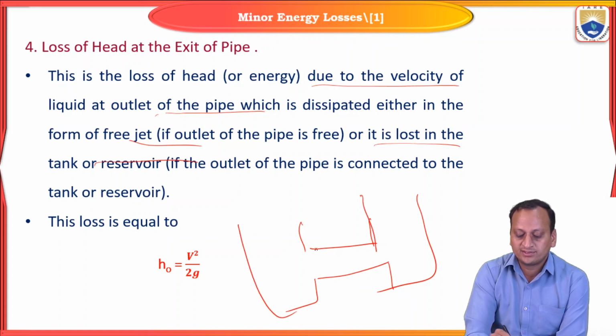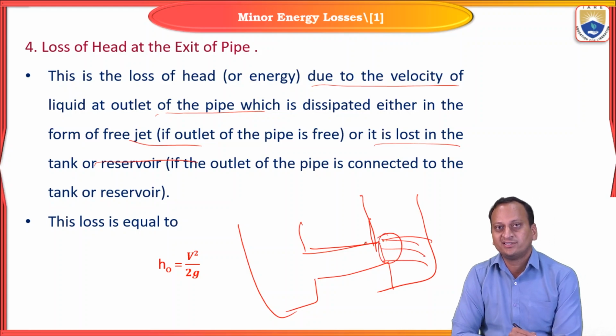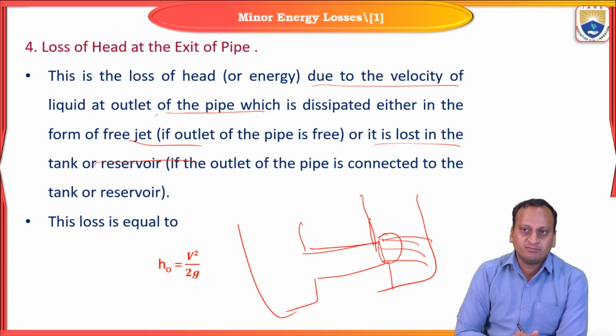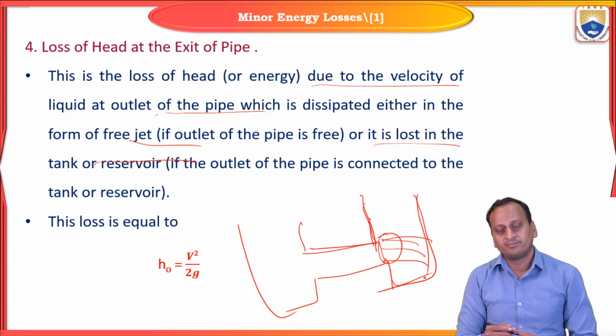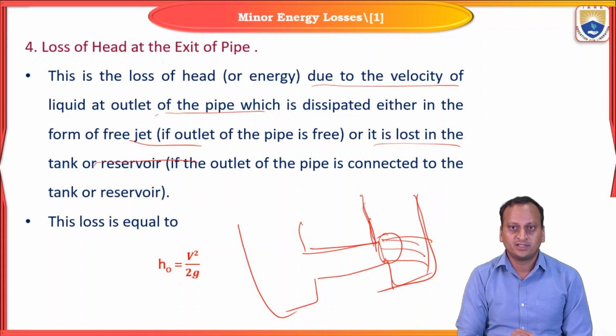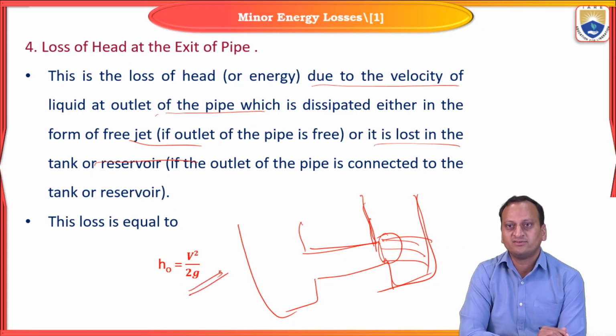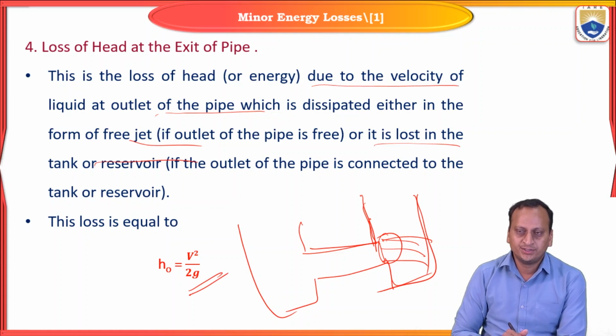Similarly, if it is open to the atmosphere freely, then we won't consider the loss of energy due to exit of a pipe. But whenever it is connected to another reservoir or another pipe, then there will be a loss. So the exit loss will be equal to V square by 2g, because the velocity will be reduced.